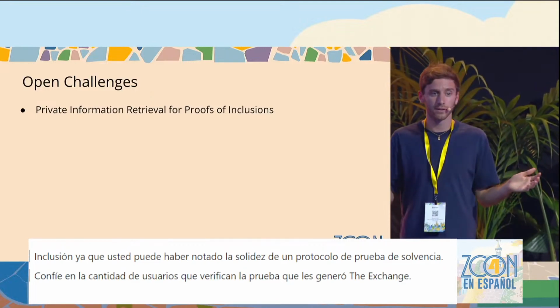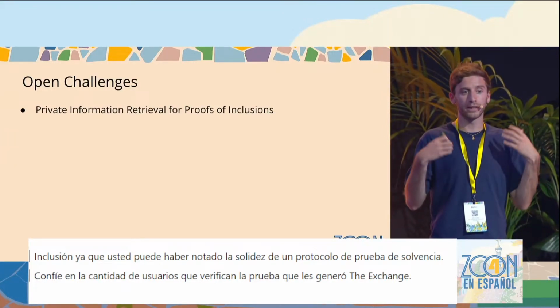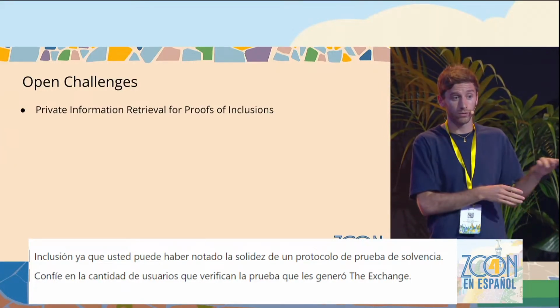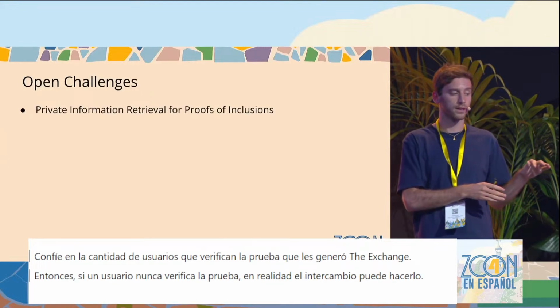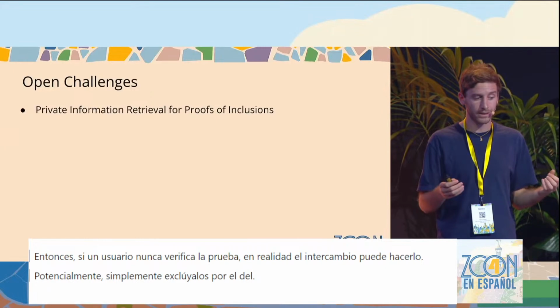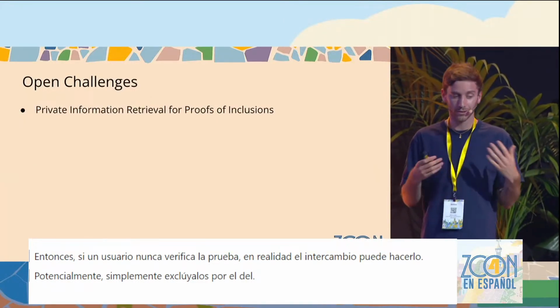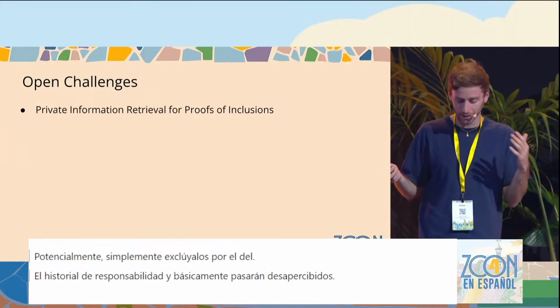If a user never verifies the proof, the exchange can potentially just exclude them from the liabilities tree, and they will basically go undetected. They could cheat without being detected because they know that this user never verified the proof.